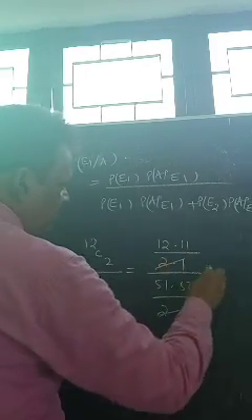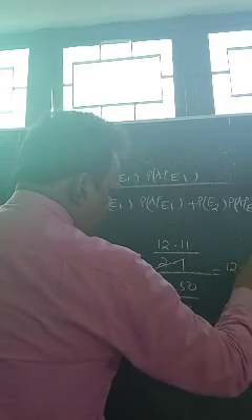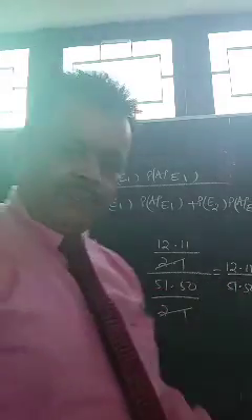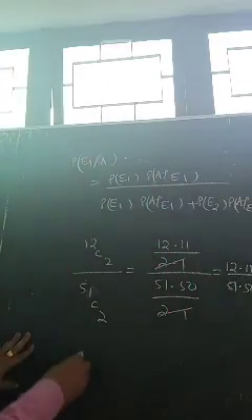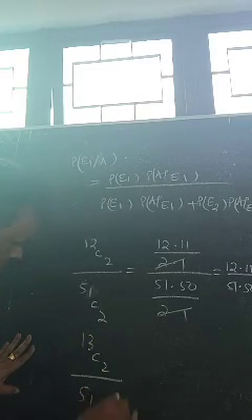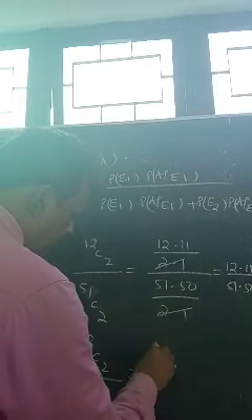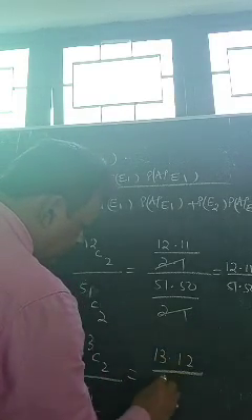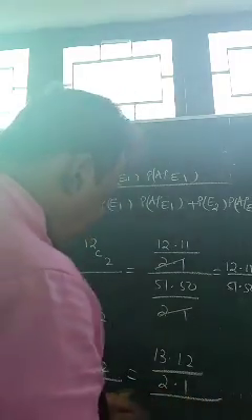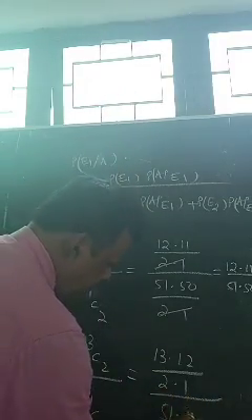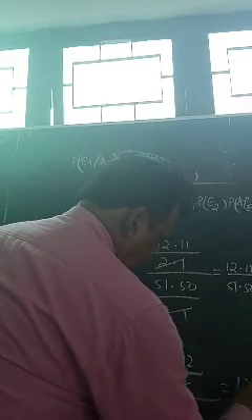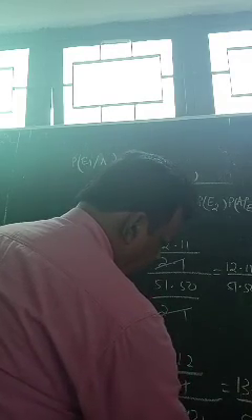This is cancelled. How much you get? 12 into 11 by 51 into 50. Let's keep it like this. Then 13C2 by 51C2: 13 into 12 by 2 into 1, then 51 into 50 by 2 into 1. You have studied in class 11 the reduction method. This is cancelled. 13, 12 by 51, 50.